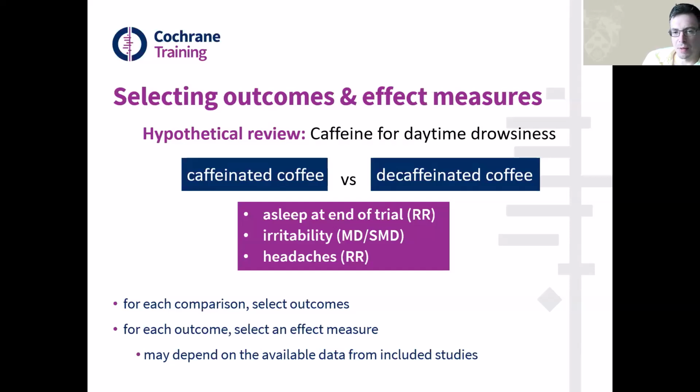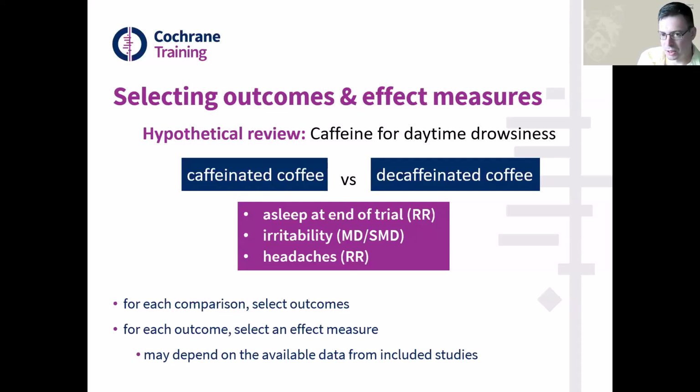And we have to think about the effect measure that we want to analyze. So sleep and headaches are both dichotomous yes-no type outcomes, so a risk and a relative risk might be the most sensible option here. Irritability is presumably measured on some kind of patient-reported scale, so a mean difference or a standardized mean difference is more likely to be sensible there.